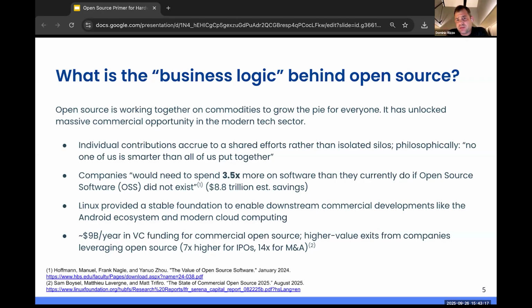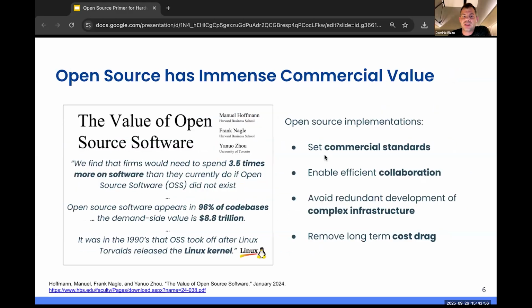And to put a pretty clear point on it, something like 9 billion a year in VC funds goes into commercial open source development. And those entities that leverage open source as a core strength have much higher exit value. So the folks in the VC community would not be plowing money into this if they did not have some reasonable expectation and historical track record of getting pretty solid returns out of it. So it is a very pro-social, value-creating style of development when organized correctly and following best practices.